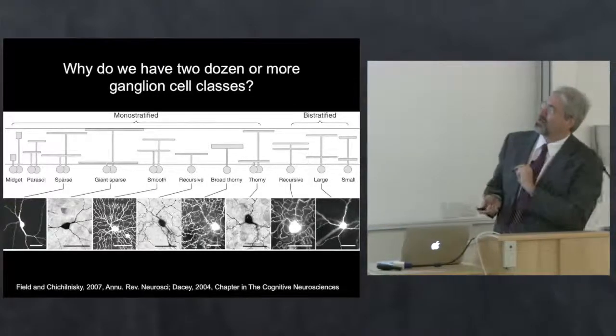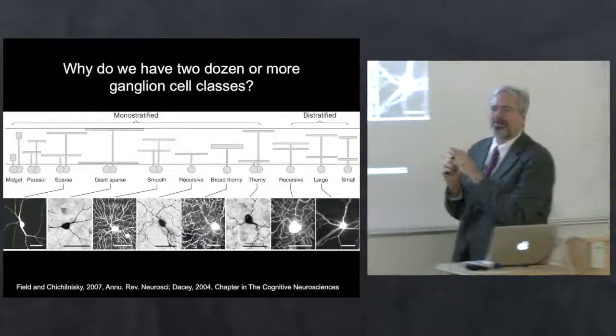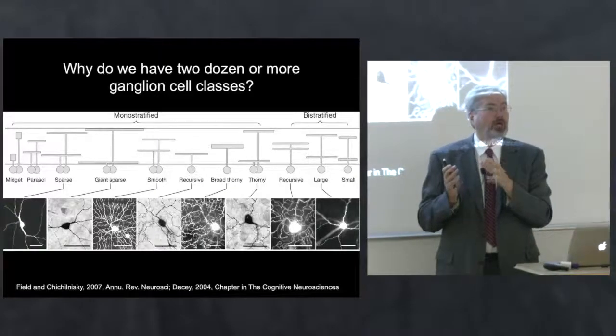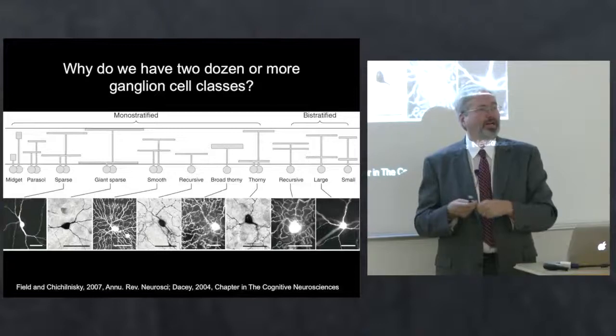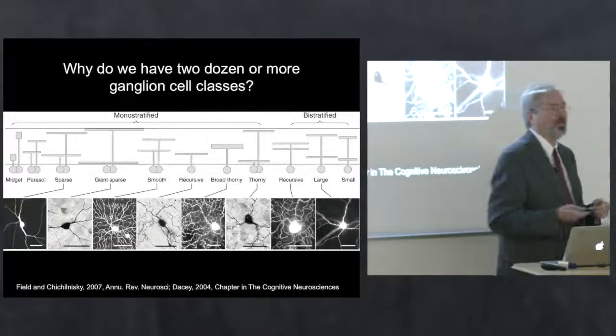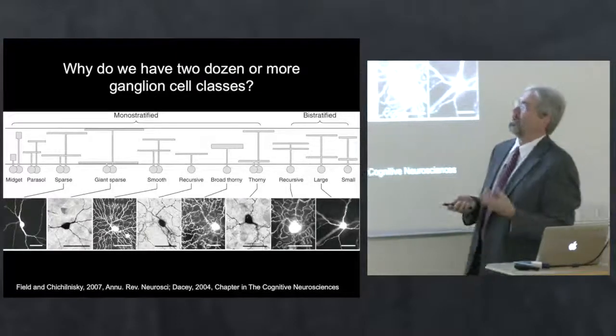But I think there's an interesting situation here in which it may well be that the retina is doing more processing than we thought, freeing up the brain from having to do some of the processing that we might have otherwise thought happened there.